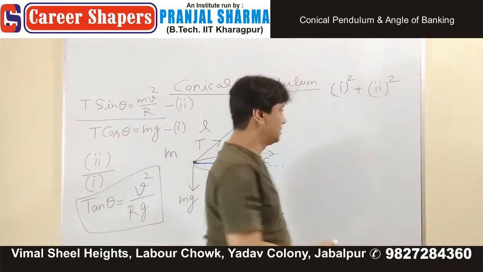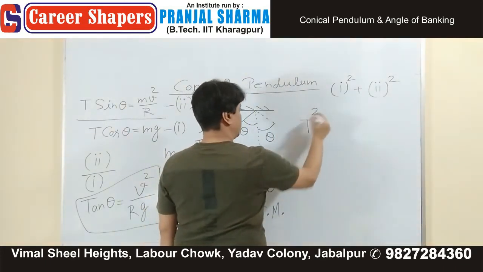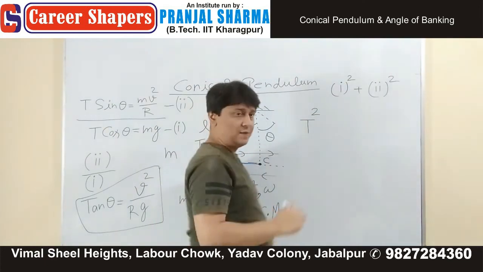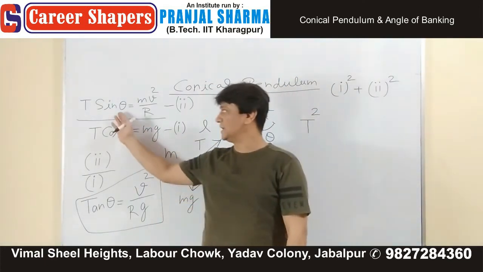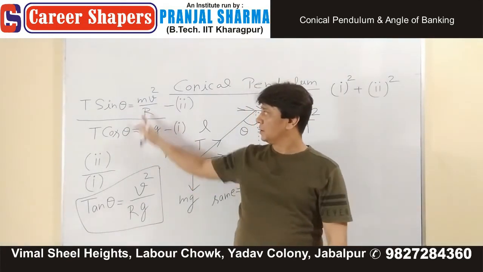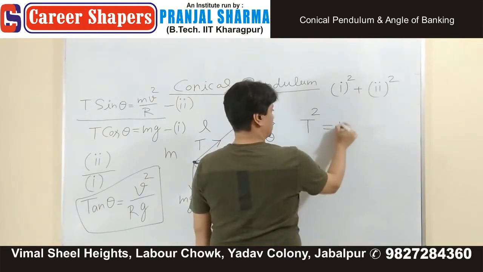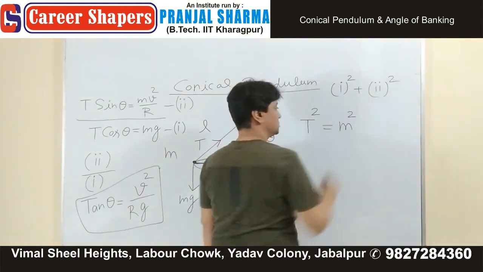So when you add, left hand side will be T square only. I'm saving few seconds. Sine square plus cos square is what? 1. Over here, you can take m common. M is common, square of that.